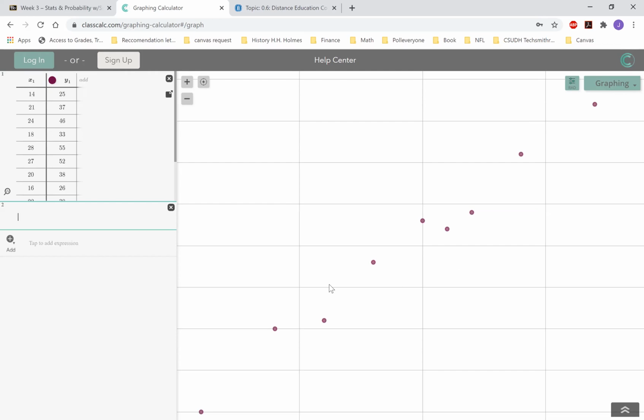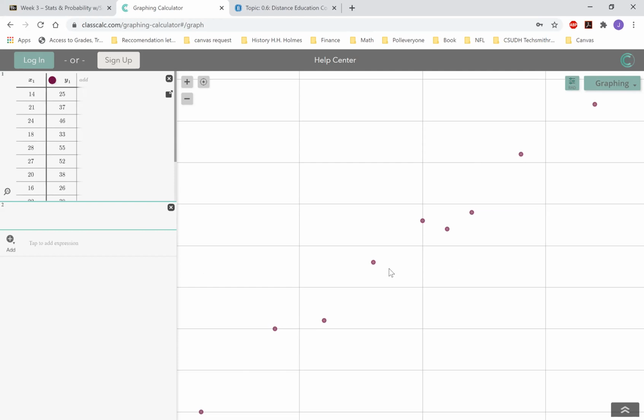Should we expect a positive R or a negative R? Positive, yeah. The scatter plot really looks like a linear line, so we should expect an R value close to 1. So let's go ahead and find this.